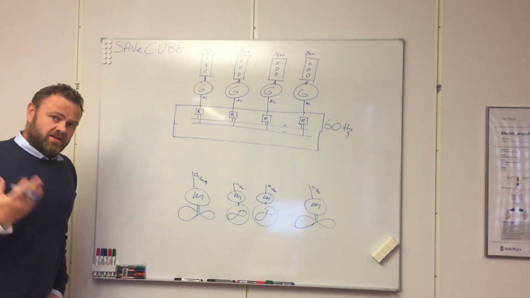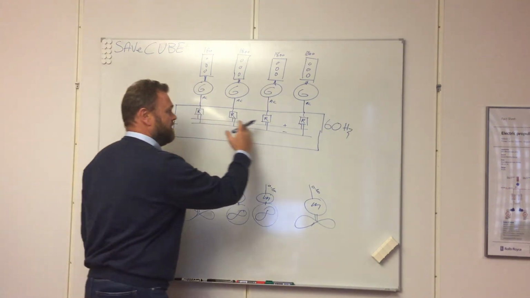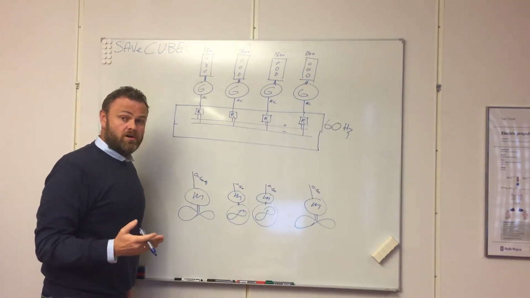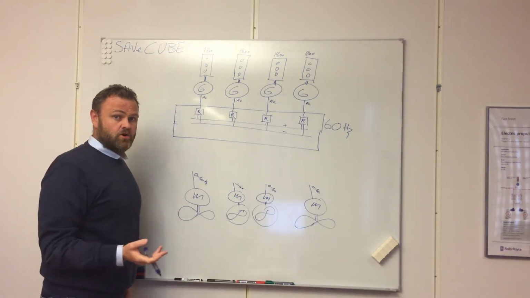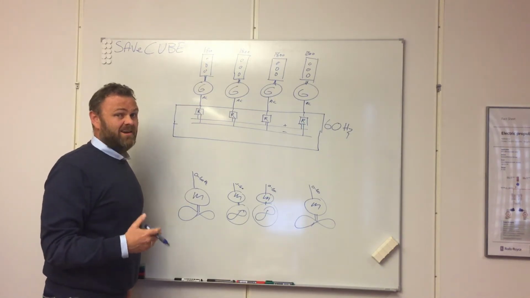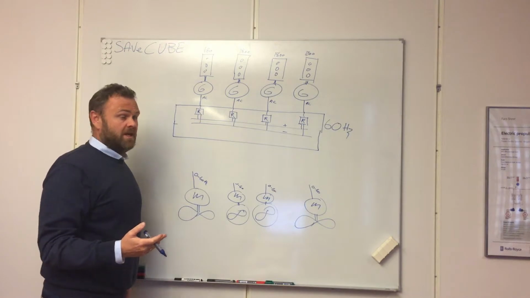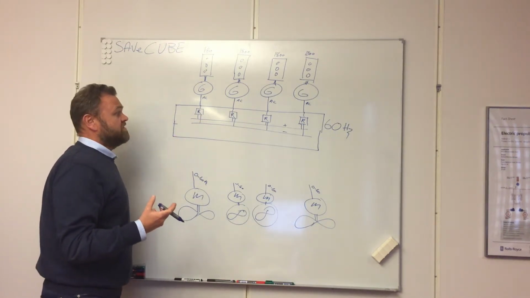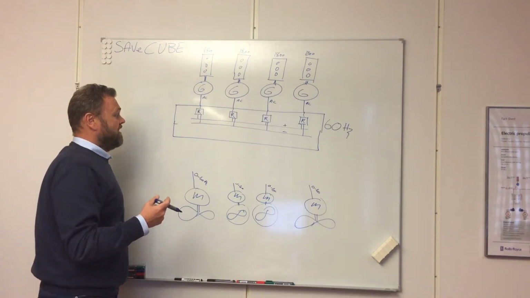So inside the cube we have distributed DC, or as some of our competitors call it, a DC grid. This is more or less the same we are doing here.